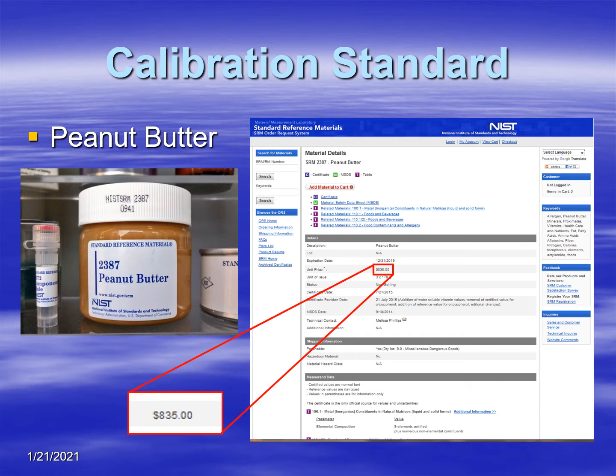There is a jar of peanut butter at the National Institute of Standards and Technology that costs $835. And this is NIST peanut butter. You've heard of Skippy, you've heard of Jif, but you probably never heard of NIST peanut butter. Why would a jar of peanut butter cost $800? Well, this is very special peanut butter. It's used in nutritional studies all across the United States.